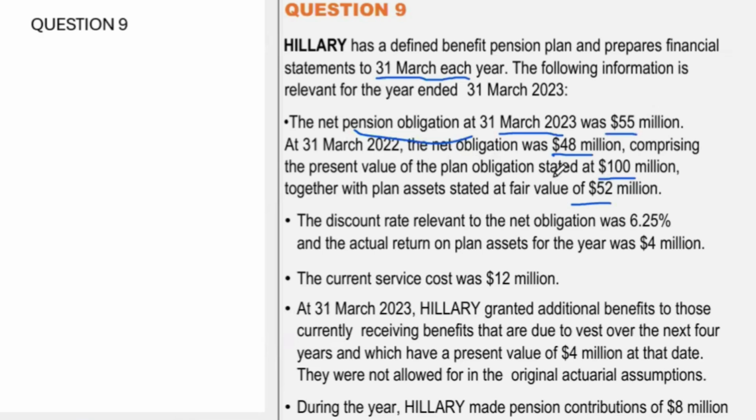Since the obligation was 100 million, the asset was 52 million. So if you net it off, you come and get the what? The net 48. That's how they got the 48. Then the discount rate is what? We have it here. So we say we should apply 6.25 discount rate to what? The net obligation. It says the actual return on the plan asset for the year was 4 million.